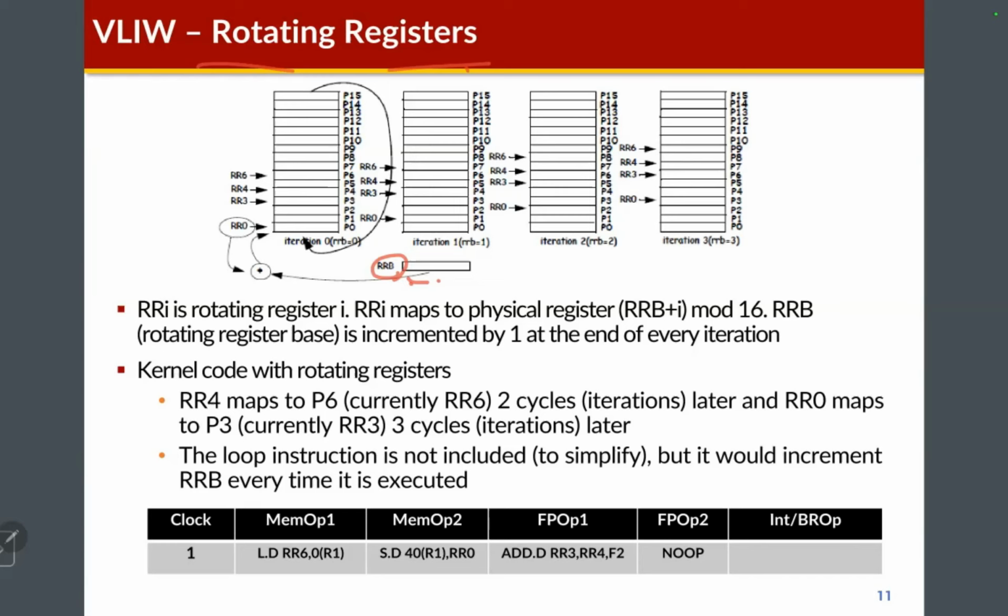So the compiler just assigns the rotating register, and based on the lifetime of the register, different rotating register numbers are assigned, and for each iteration, the base of the rotating register is just changed, and then rotating registers are assigned to different physical registers. So this is the rotating register technique in the VLIW.